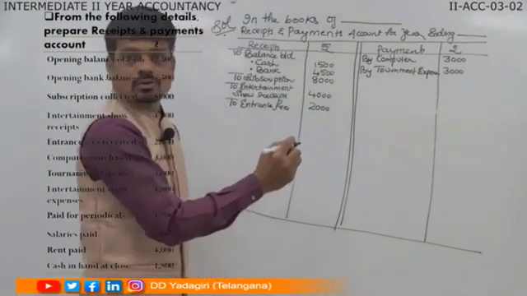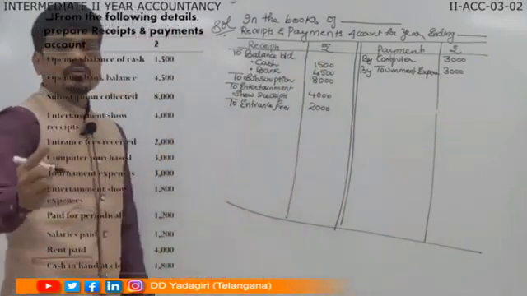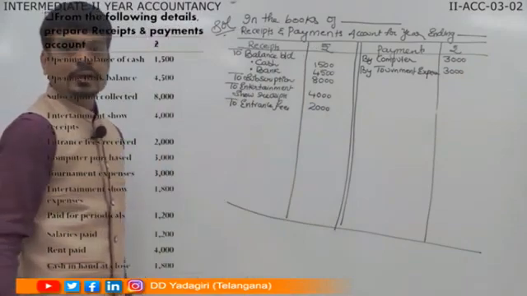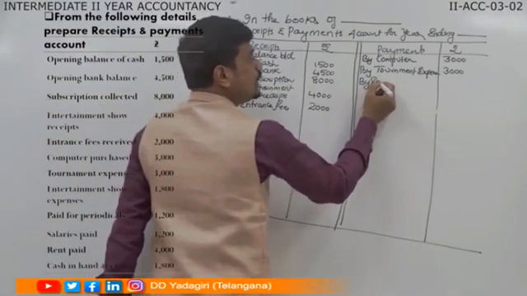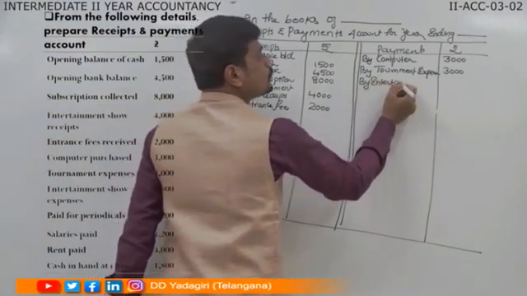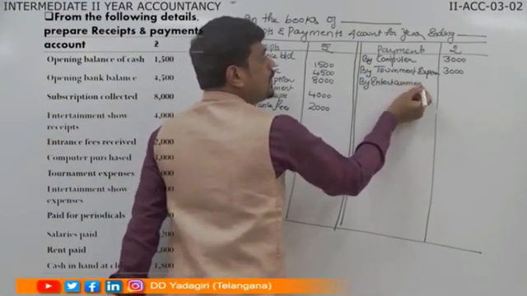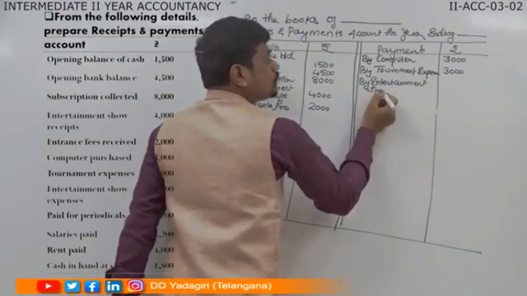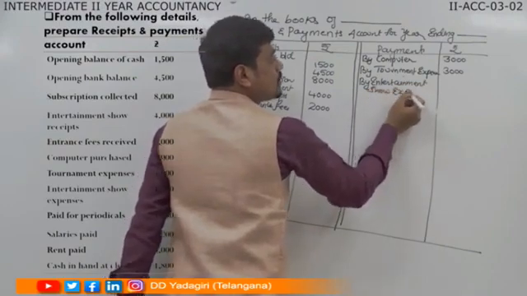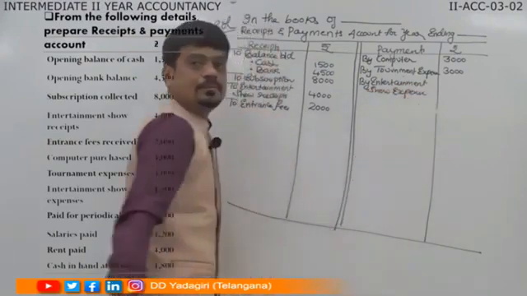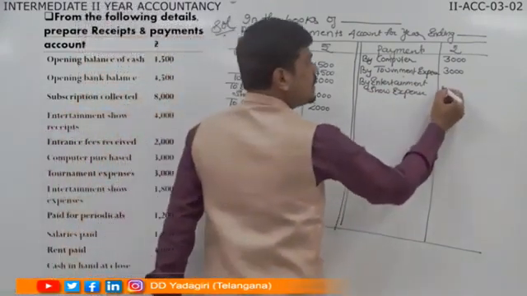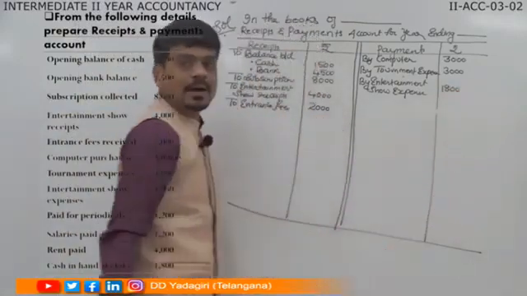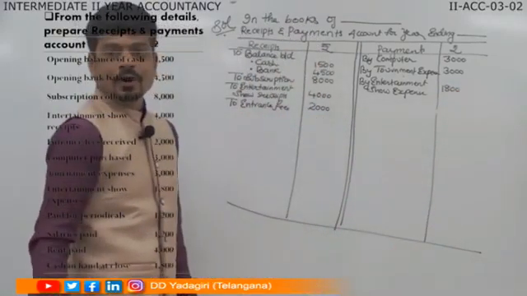Sorry, tournament expense 3,000, yes. Followed by entertainment show expense. So again, entertainment show expense is a payment. So by entertainment show expense amounts to rupees 1800, followed by periodicals paid for.